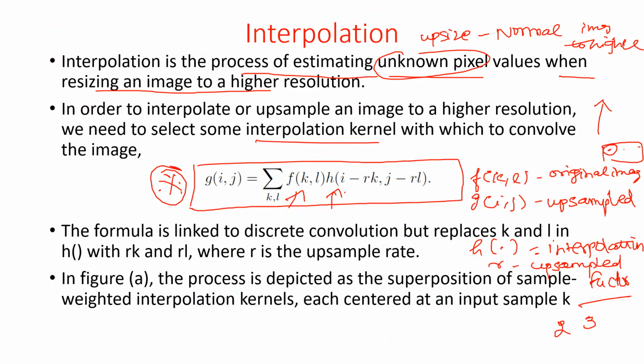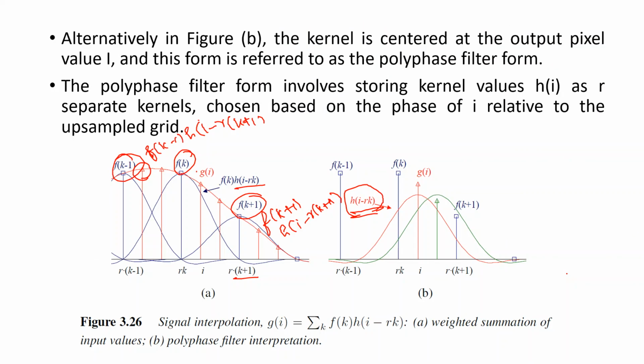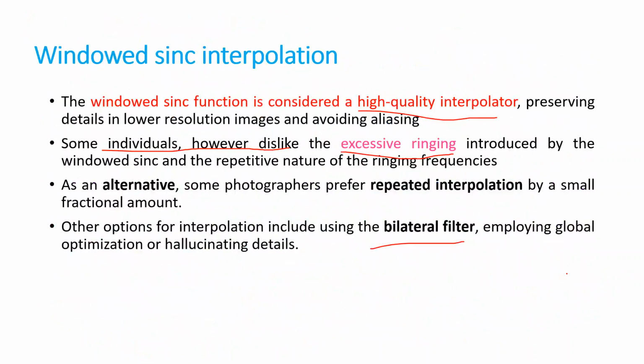The same interpolation formula, but the kernel value will be changed. What we have seen here: g of i,j equal to summation over k,l of f of k,l times h of i minus rk and j minus rl, right? f of k,l is the original image, g of i,j is upsampled, h is the interpolation kernel, r is the upsampling factor.